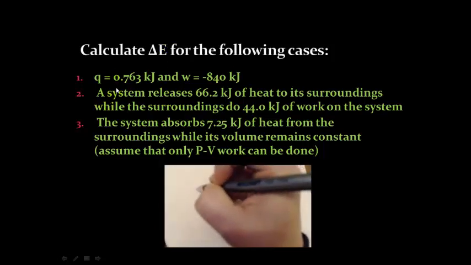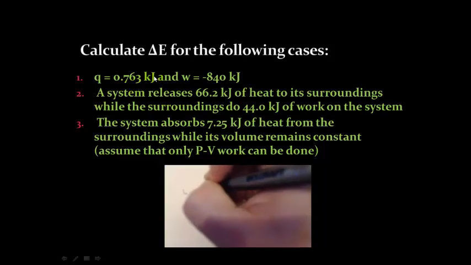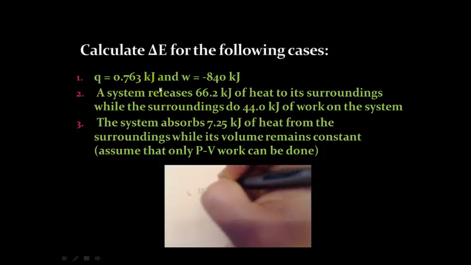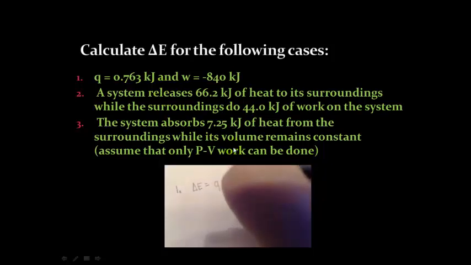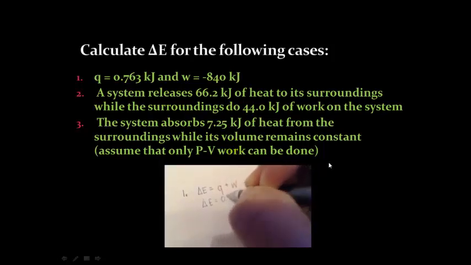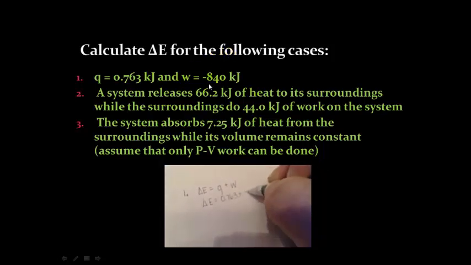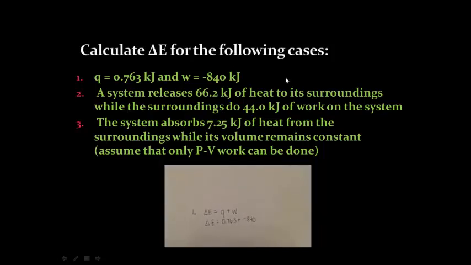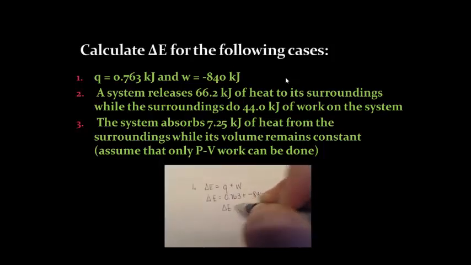In problem number 1, they give you Q and they give you W, and we know that delta E is equal to Q plus W. So all we have to do is plug in 0.763 kilojoules for Q and negative 840 kilojoules for W, and we'll get the total change in internal energy, which comes out to be negative 839.237 kilojoules.